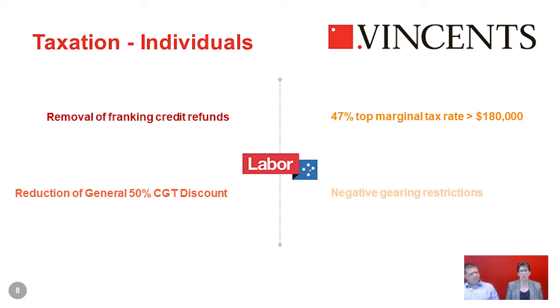So essentially what this proposal means is that there's a winding back of the concession that was introduced by John Howard and returning essentially to the original imputation arrangement, where imputation credits are used to reduce tax but not to provide cash refunds to the taxpayer.